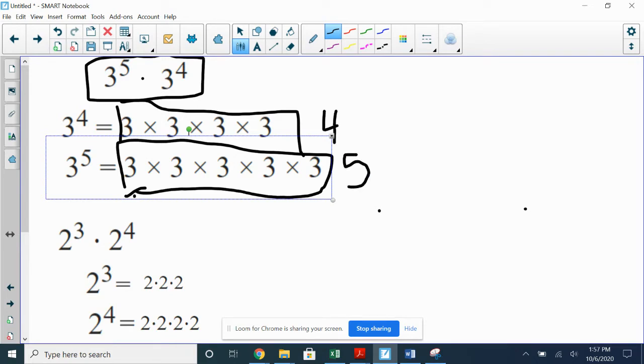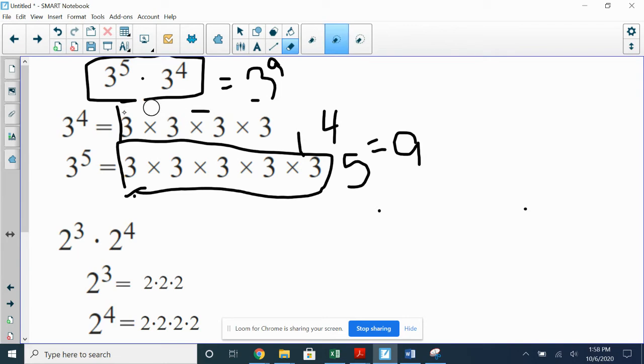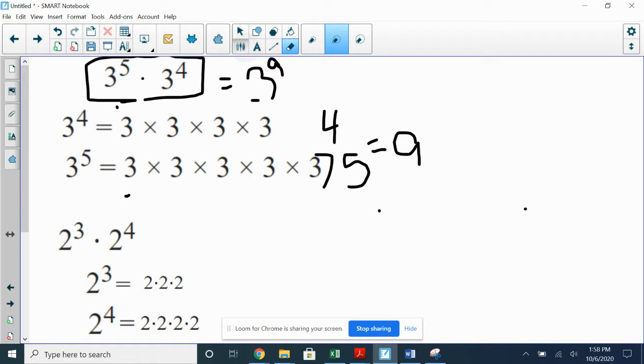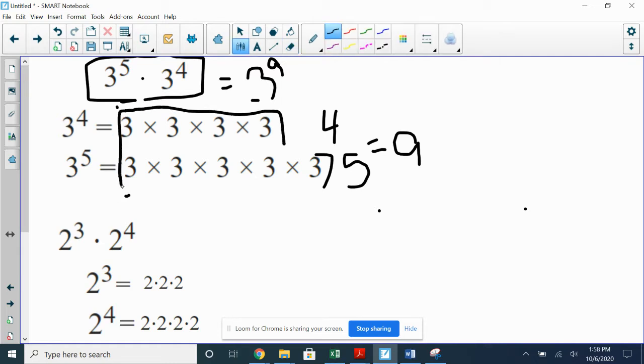Because I have 9 3's in total that I'm multiplying, I know that it would be 3 to the 9, which is 3 to the 5 plus 4, because that is saying 3 times itself 9 times. When we draw it out in our expanded form, that is why it works.